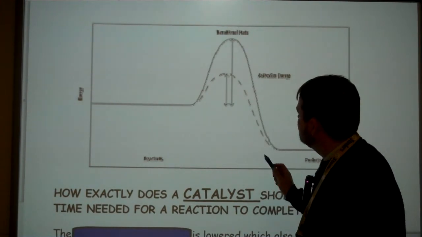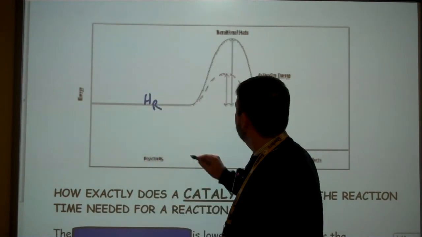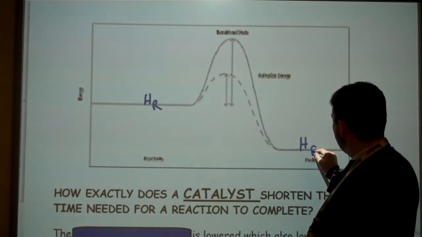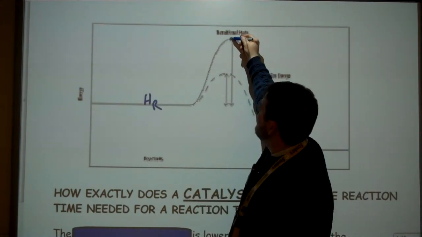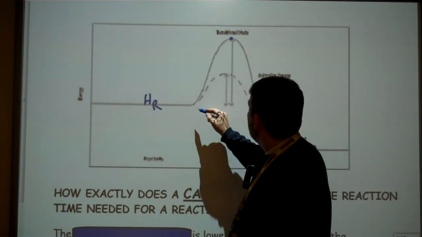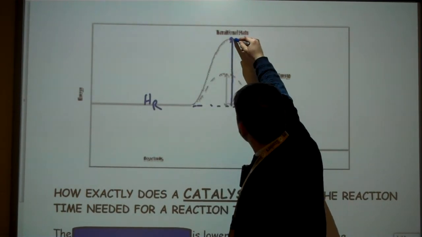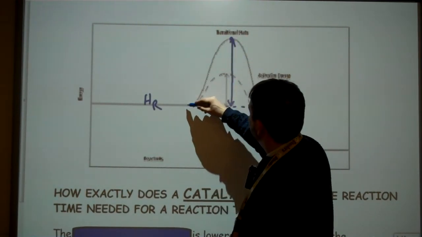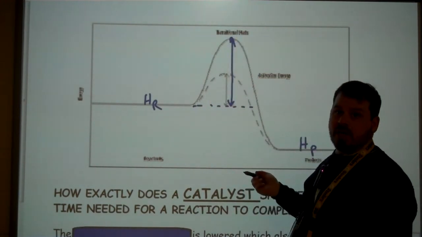This particular one just wants to talk about, okay, here's my H of reactants here. Here's my H of products here, my potential energy. This piece is that activated complex. And what I'm very much concerned about is how much energy I need to get from here to here, because that is how much energy I need to get the reaction to go.